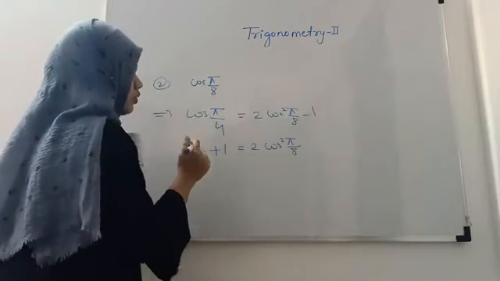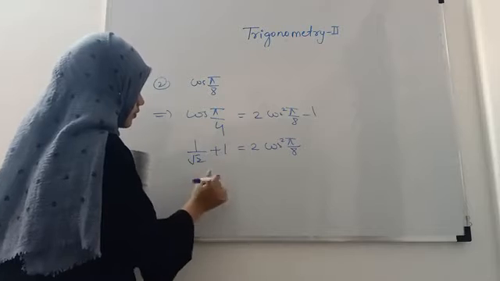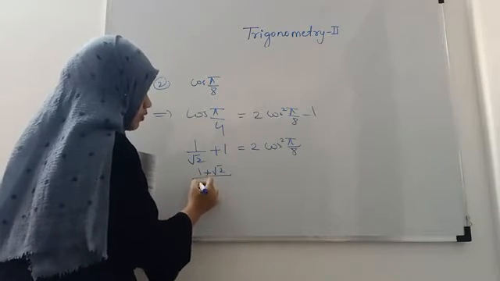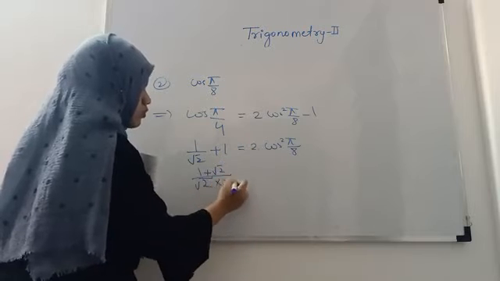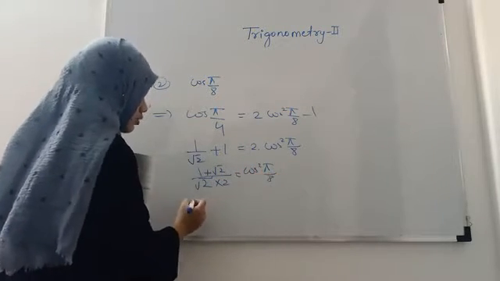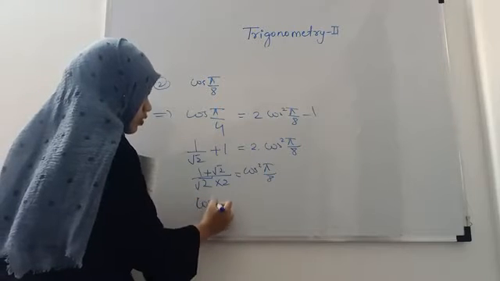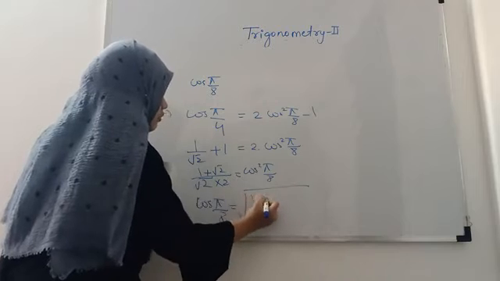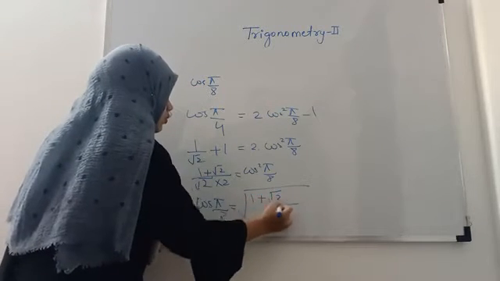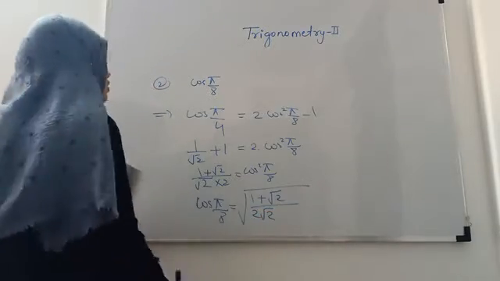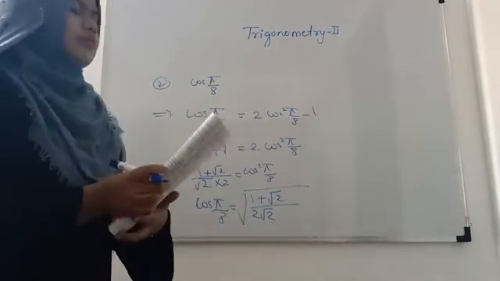Now shift that 2 also here. So it is 1 plus root 2 upon root 2 into 2. So this is cos square pi upon 8. Again take a square root. So here cos pi upon 8 is equal to under root of 1 plus root 2 divided by 2. Okay, so this is the answer of this.